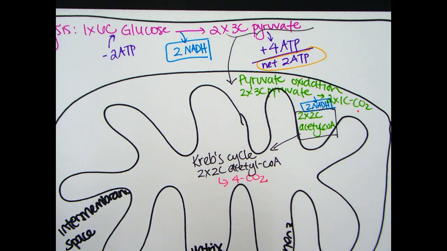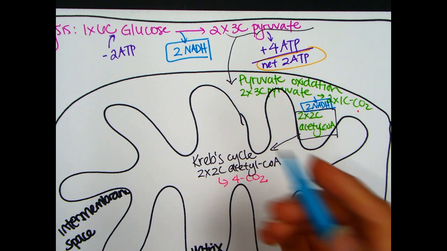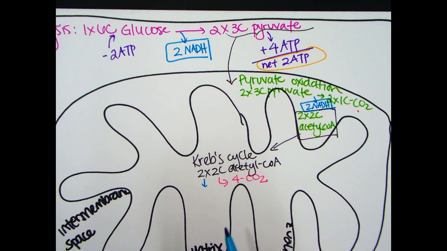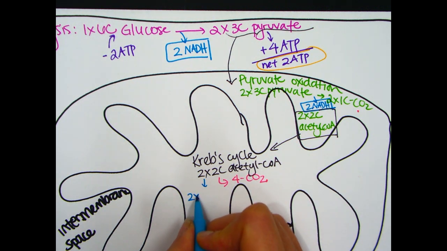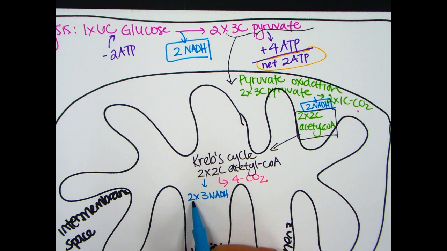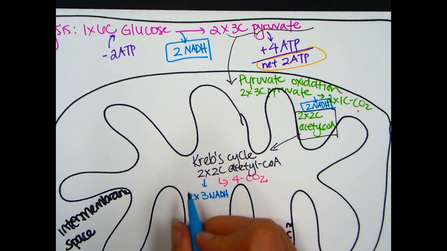Because there's so many different steps in this cycle, a lot of other stuff is also made. So we are going to make 3 NADHs for each turn of the cycle. But again, the cycle will happen twice, and so that's going to be a total of 6 NADHs.